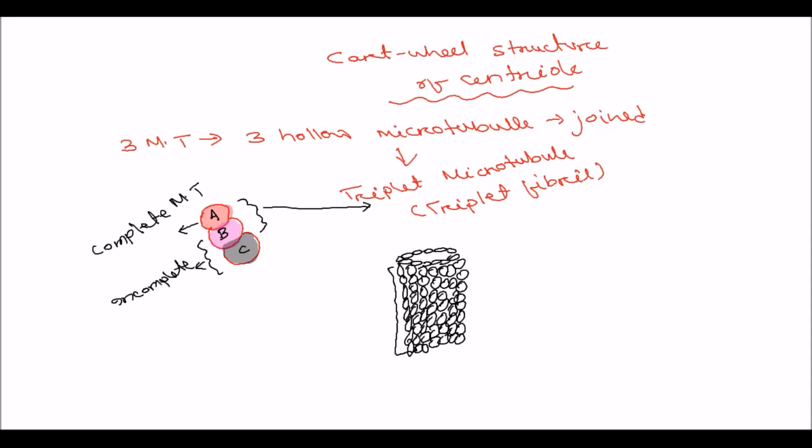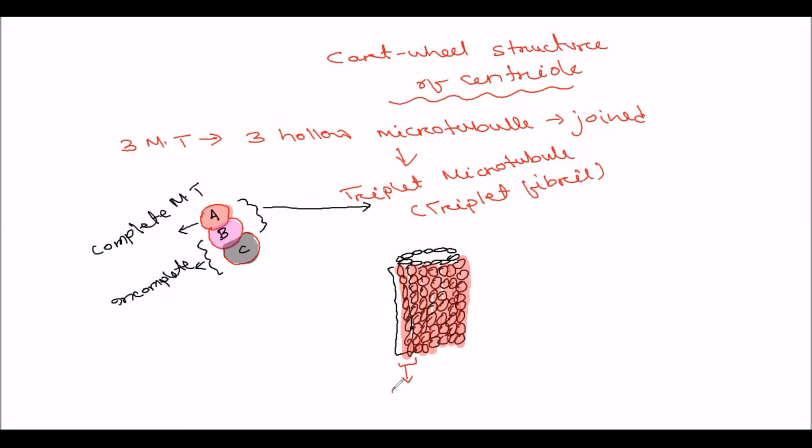If we take this part, this is one column, this is another column, this is another column. So these columns are making what? These columns are making the wall of the microtubule. How many of these filaments are there?